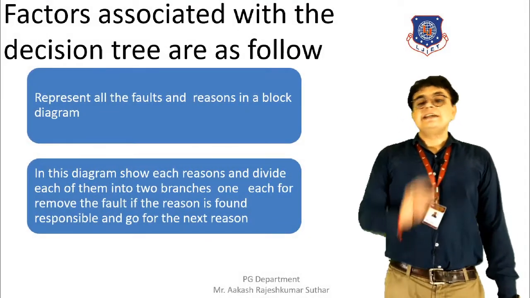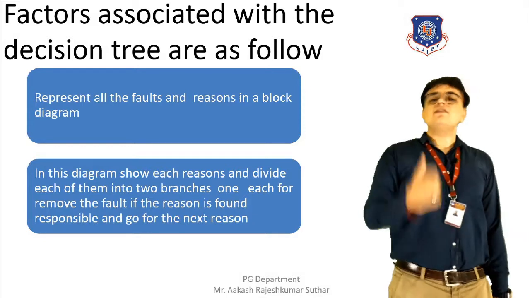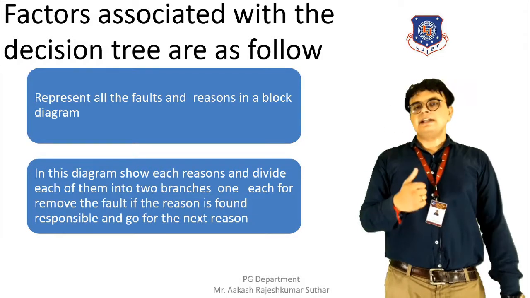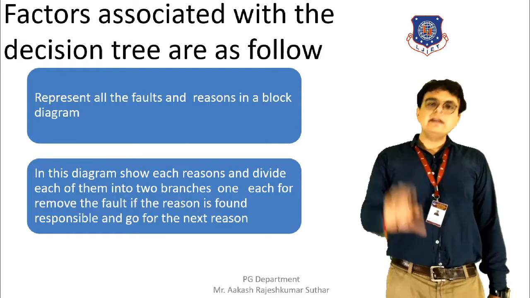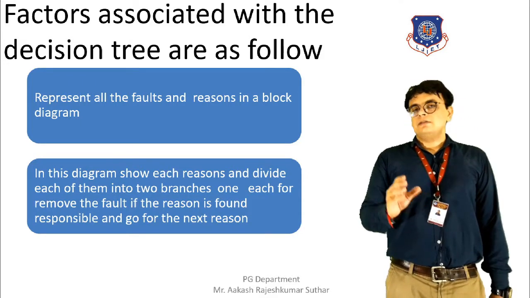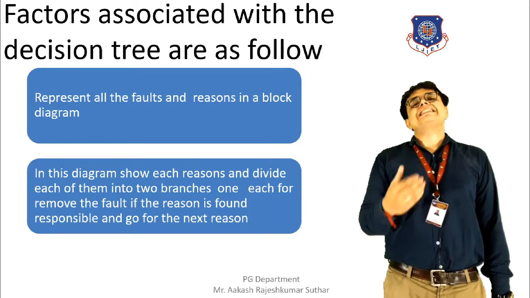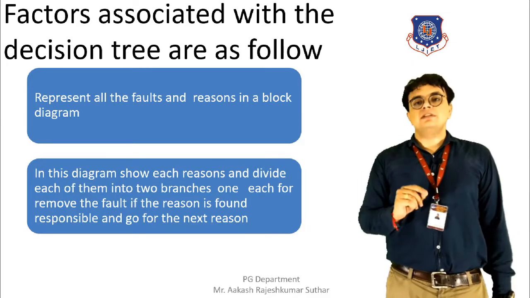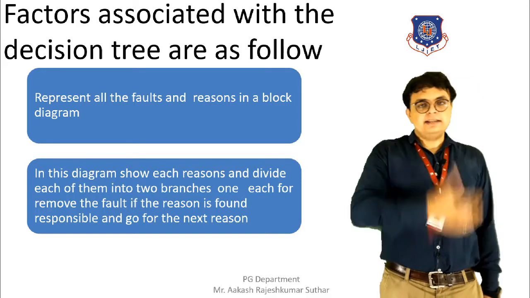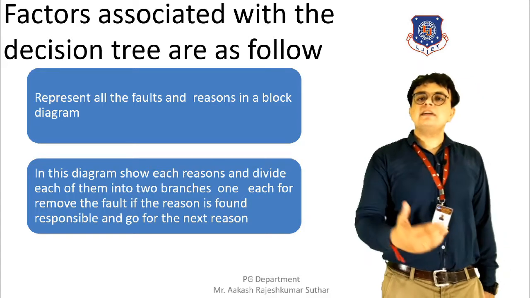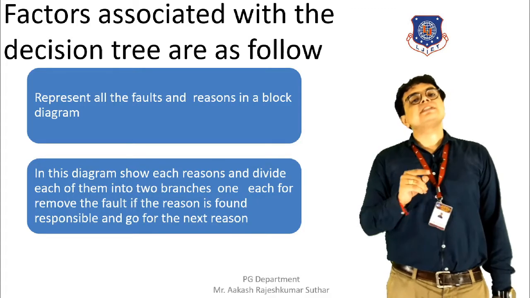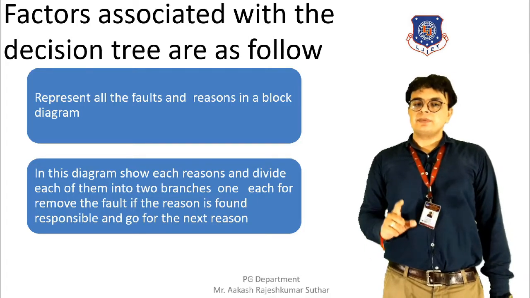Next, we need to represent all the faults and reasons in a block diagram. Means, in a decision tree diagram, we have to list the faults and the reasons in a block. It can be either a rectangular block or a square block, but it should be represented in blocks.